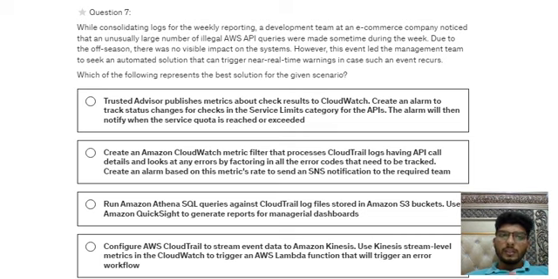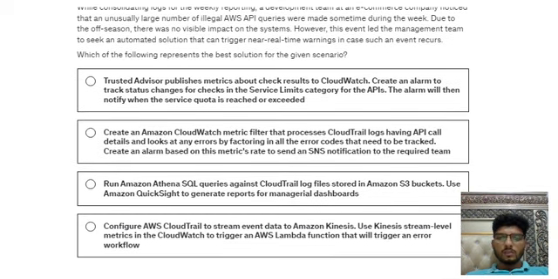Due to the off-season, there was no visible impact on the business systems. However, the event led the management team to seek an automated solution that can trigger near real-time warnings in case the event recurs. Which of the following represents the best solution for the given scenario? So here are the four options.